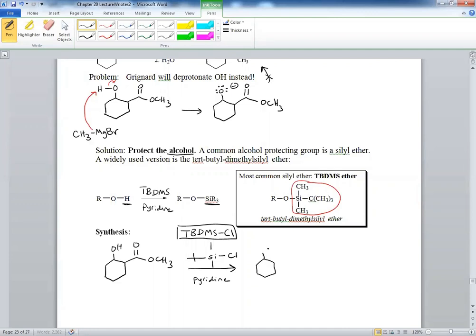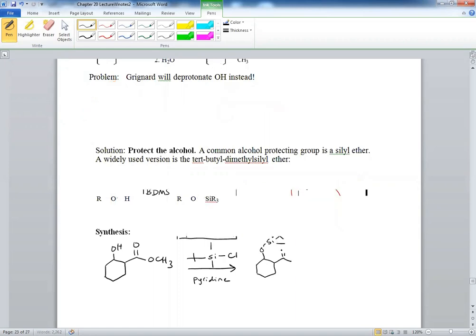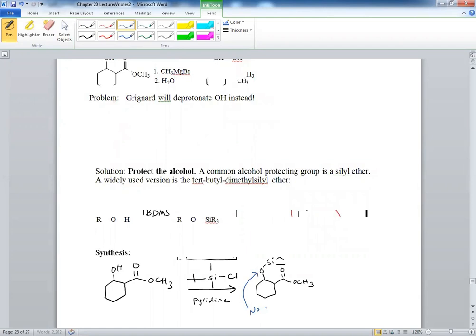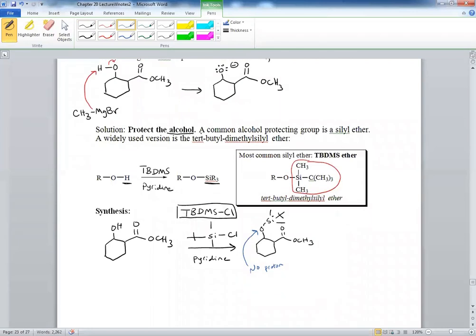That O is now attached to the Si, the two methyl groups, and the tert-butyl. And now we can use Grignard's reagent. Because why can we use Grignard's reagent? Notice that there's no H, no proton. So the Grignard reagent will not react with that oxygen.